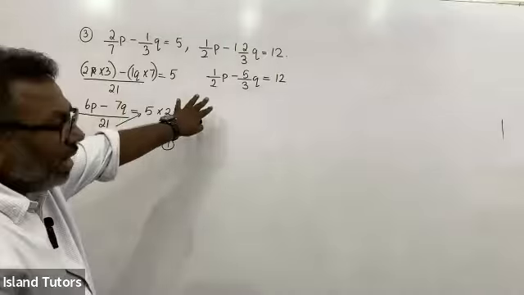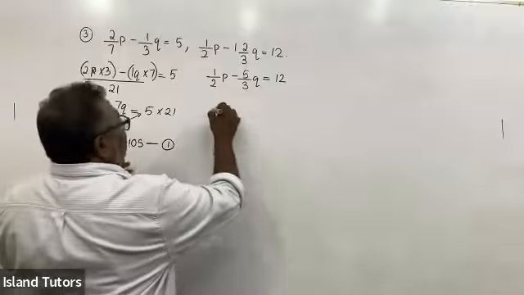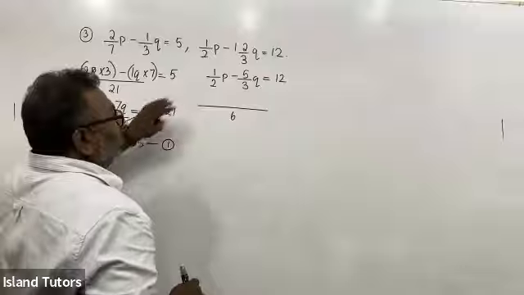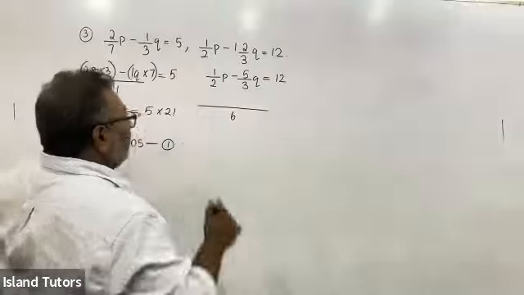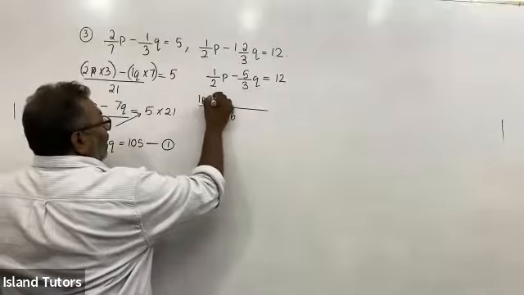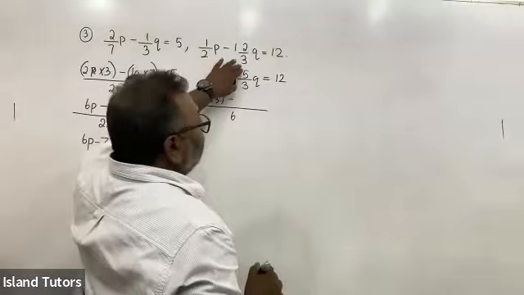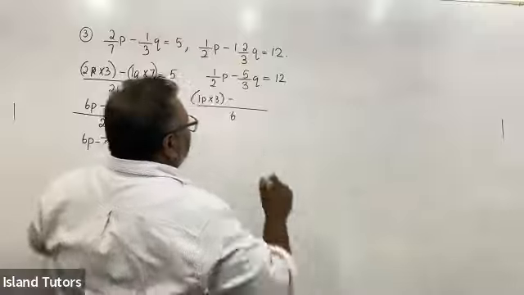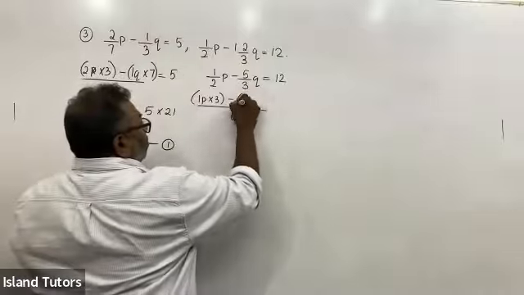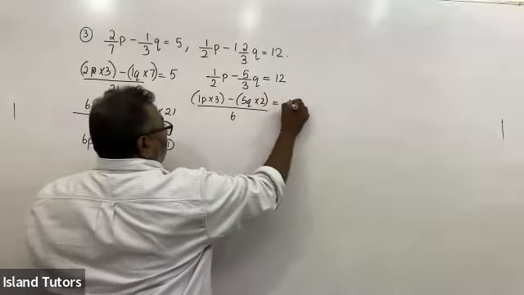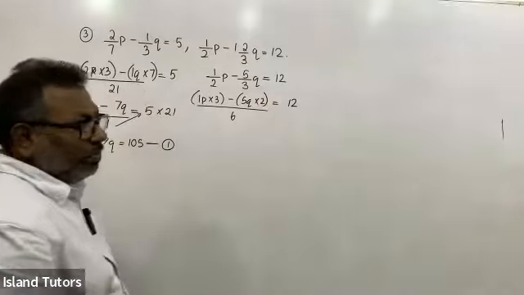Now go ahead and find the lowest common multiple. This side 6, 2 and 3. So this side you multiply by 3. 1p into 3 minus 5q into 2 is equal to 12.